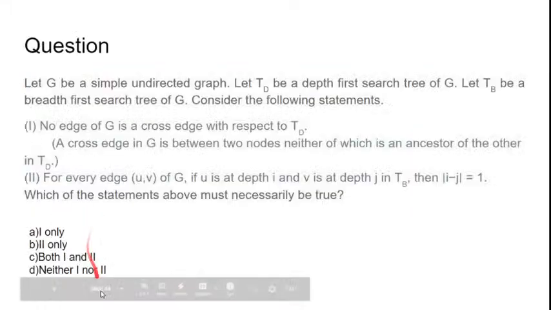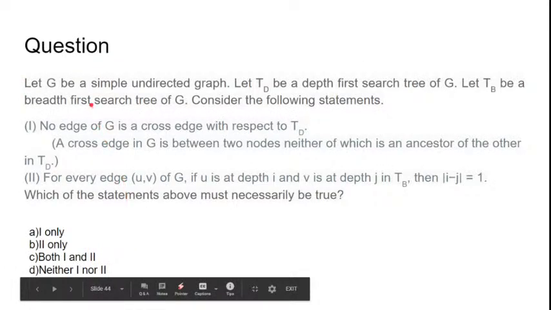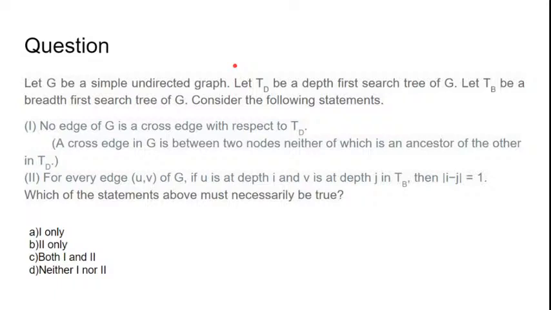Then the next question: let G be a simple undirected graph. Let TD be the depth first search tree of G. Let TB be the breadth first search tree of the graph.